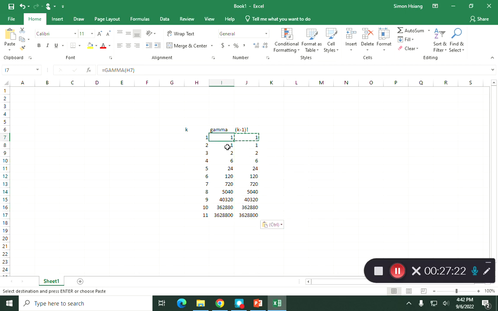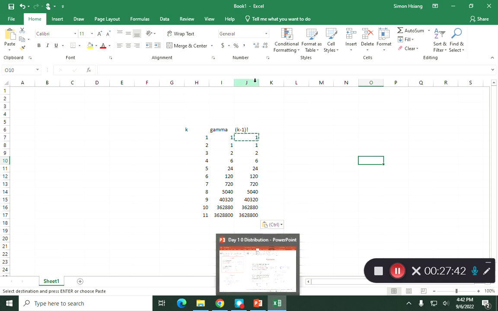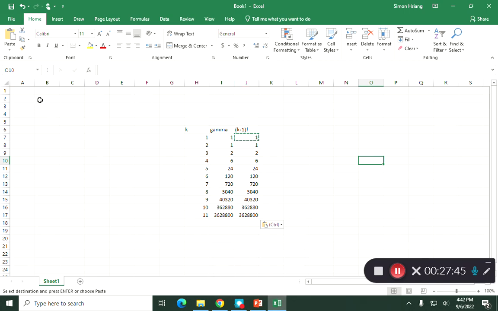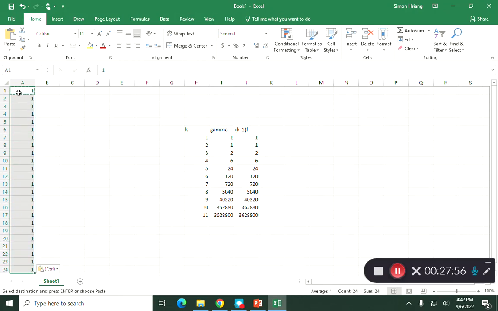So the gamma distribution is about k failures. k failures means that in between you have k minus 1 possibilities. Here, let me write it this way. Here's my time.